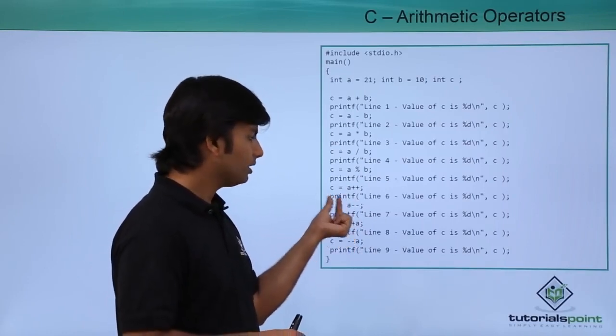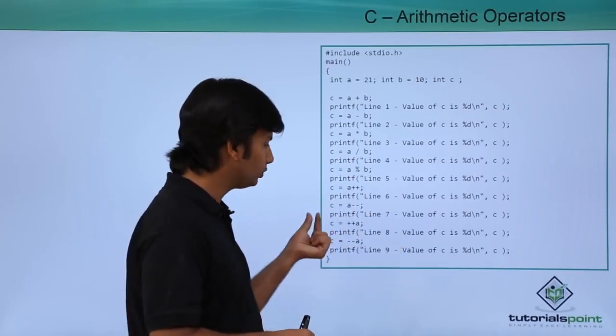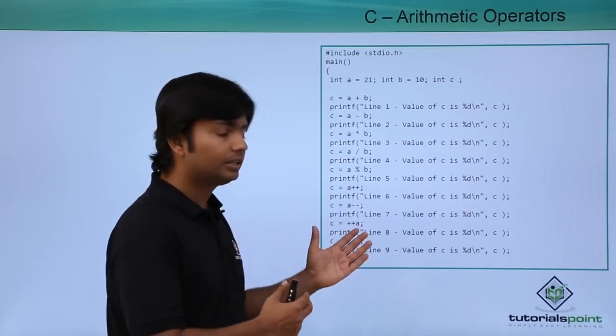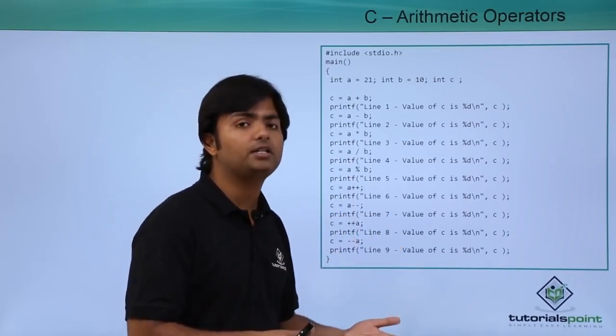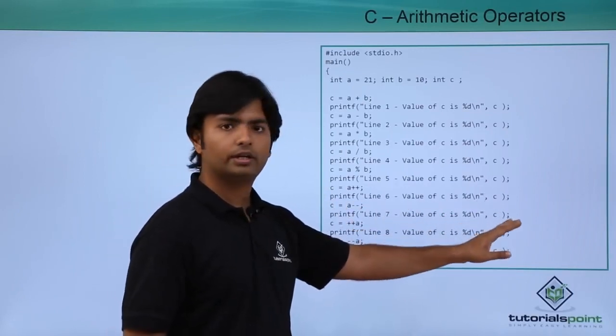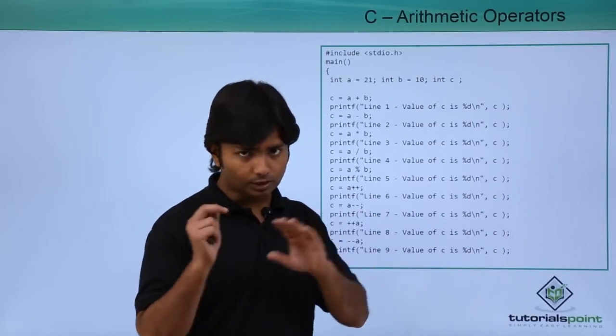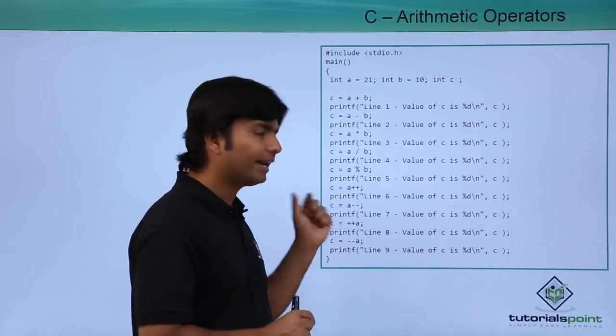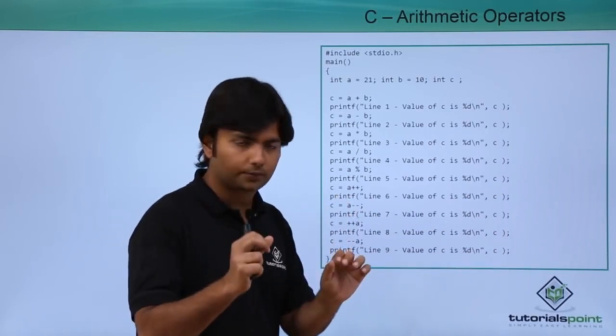By the time the value of a is assigned to c, it will be 22, and later the value will be decremented again to 21. So when you print here, you will get 22. But now remember, the value of a is 21.